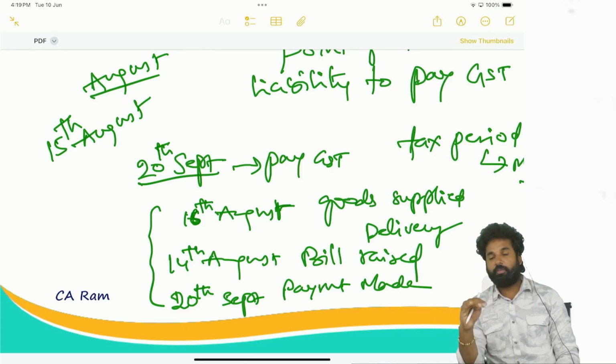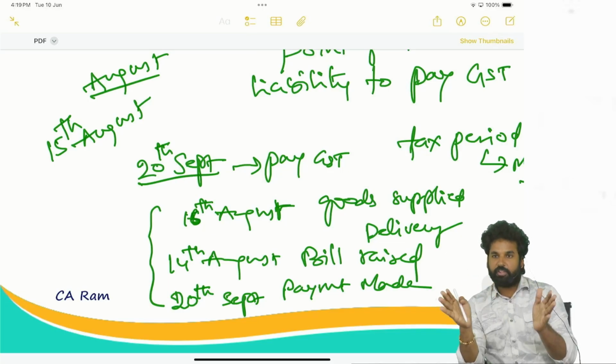Sometimes there will be continuous supply of goods or services, and payment will be made in installments, not bill-wise. Sometimes payment is made at once, but later, maybe 2 months after delivery of the goods.